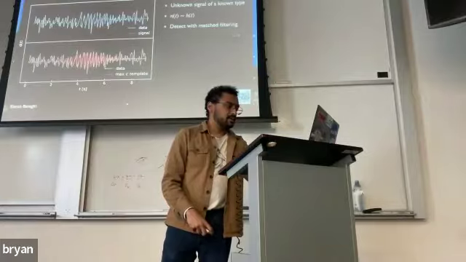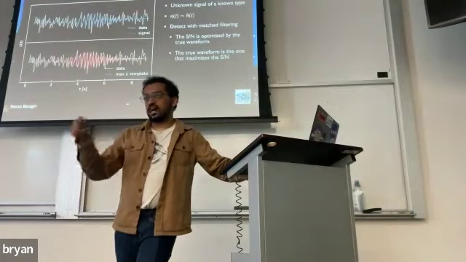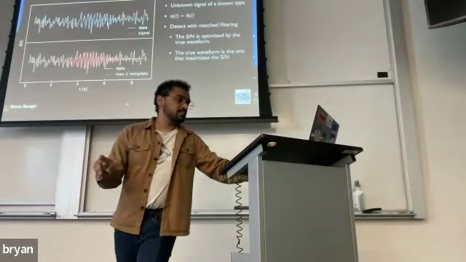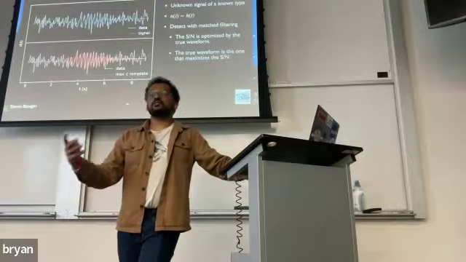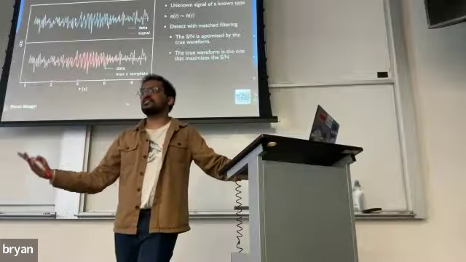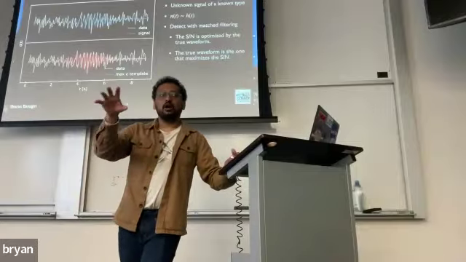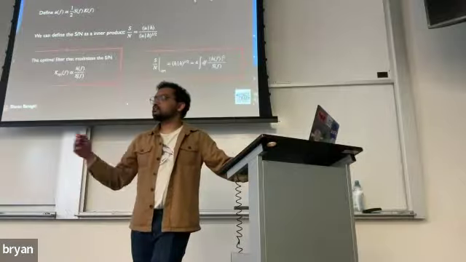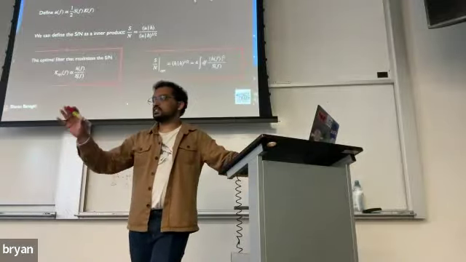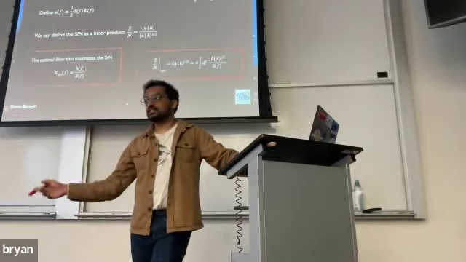Okay, so we say the SNR is optimized by the true waveform, the actual waveform that's in the data. In other words, the true waveform is the one that optimizes the SNR. So if you have data in which you don't know what the signal is, you just need to chuck a bunch of waveforms at it, and the one that optimizes the SNR with the filter defined in this way is going to be the one that is closest to the actual, unknown waveform that's in the data.